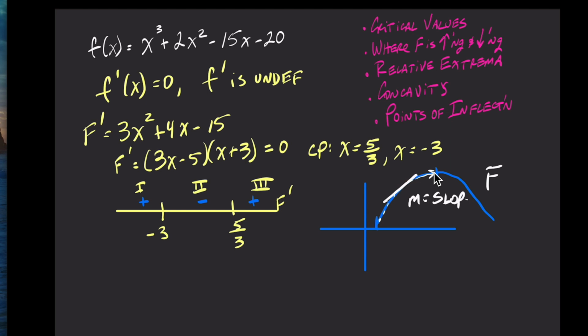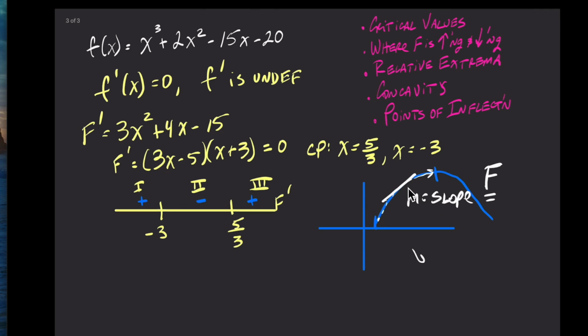Folks, the slope on the parent graph, on the f graph, is synonymous with the y value on the f prime graph. So if we have on the f prime graph a positive y value here, we know that that corresponds to a positive slope on the f graph.